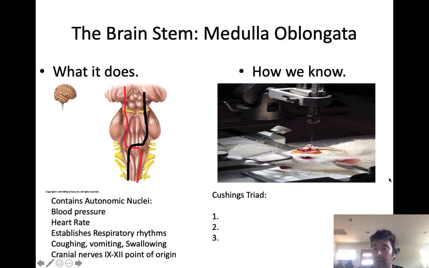What you can do is you can take something like a rat and you can peel the calvarium, or the skull cap, back. You can take this little needle and you can poke that structure out and see, right, before, was heart rate being regulated properly? Afterward, was heart rate being regulated properly? Oh, after destruction of that particular center in the brain, heart rate becomes dysregulated. And then you go, there's a link between that structure and that function. And that's one of the contributions of Phineas Gage. It was a methodology to start studying the brain that we still use today.